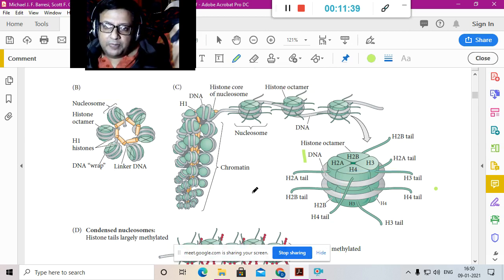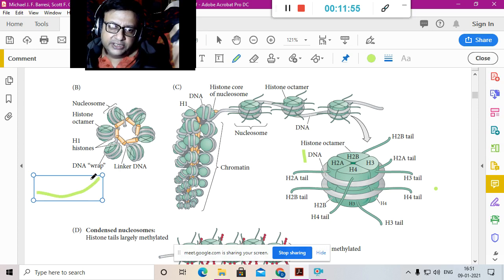Now you find these nucleosomes, they are attached like this, and the DNA is wound here, wound here, wound here, wound here. They can take a structure like this, which is a solenoid.